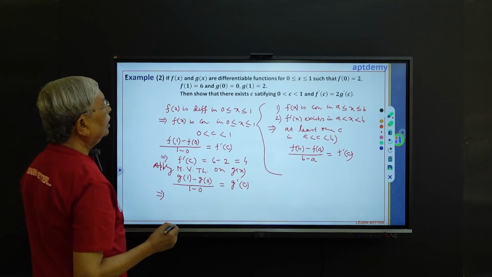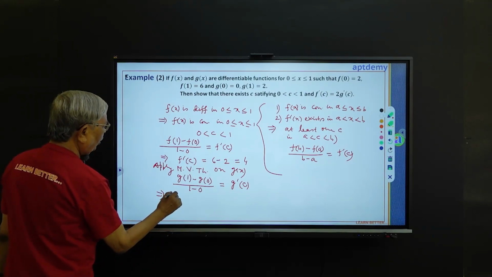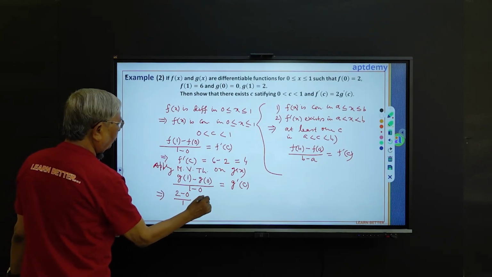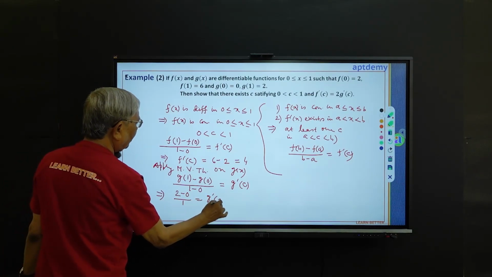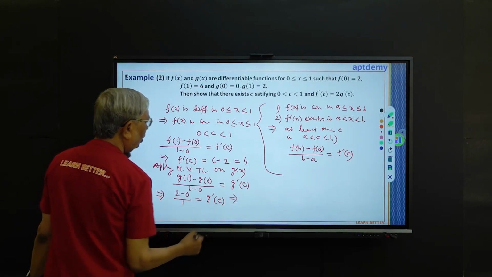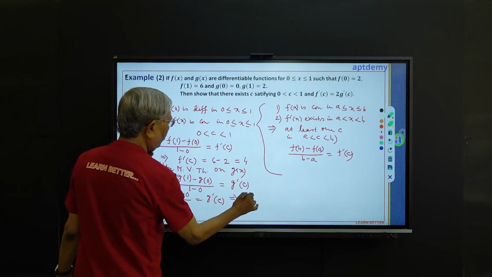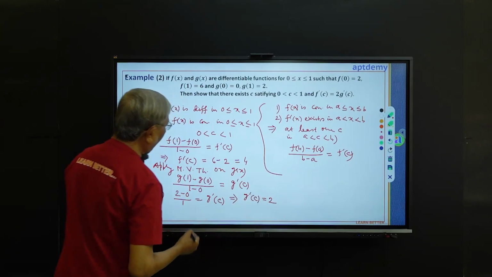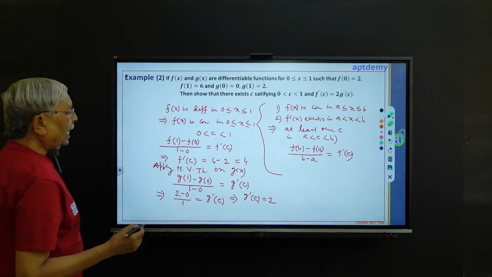What is our g(1)? g(1) is 2. What is our g(0)? g(0) equals 0. So this by 1 equals g dash c, so g dash c is equal to 2. So from these two results, f dash c equals 4 and g dash c equals 2.